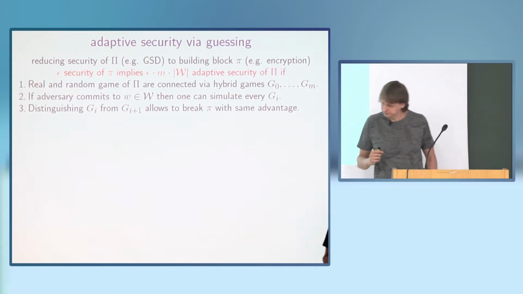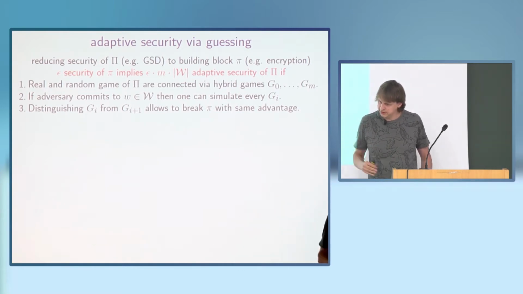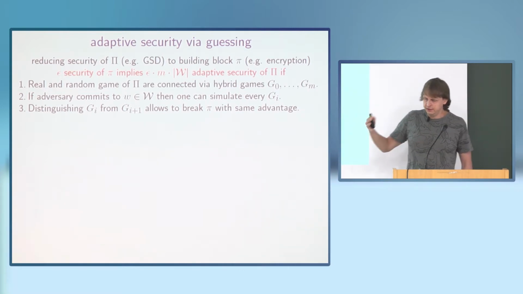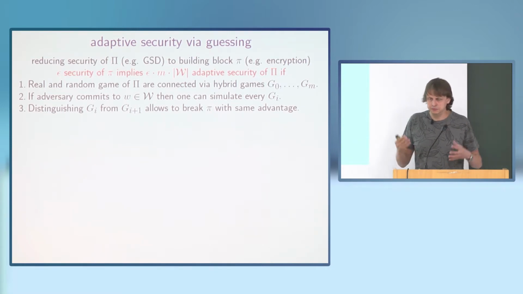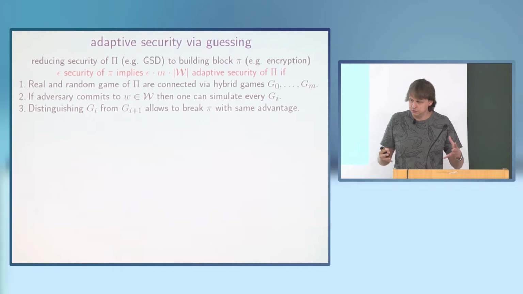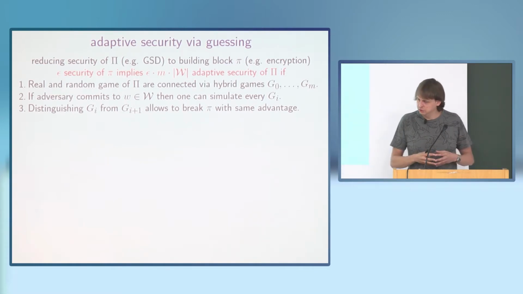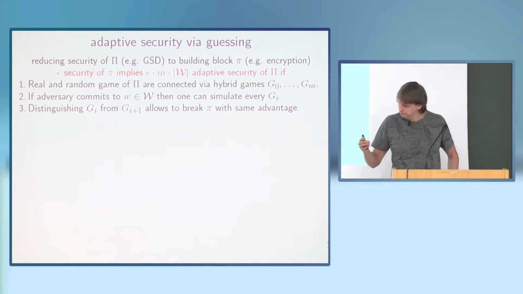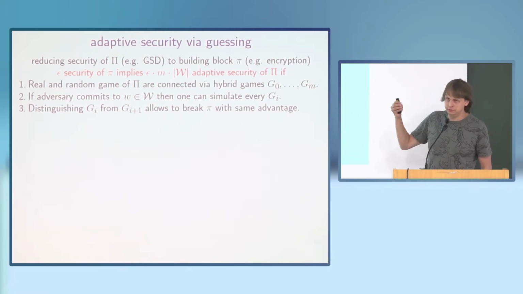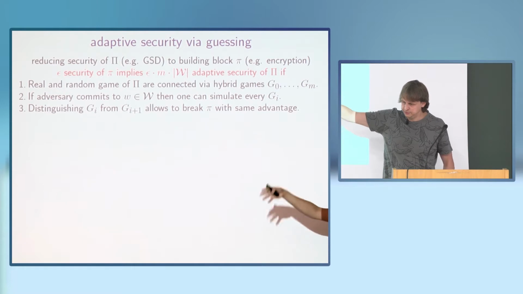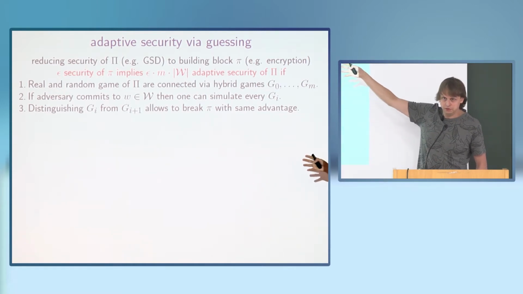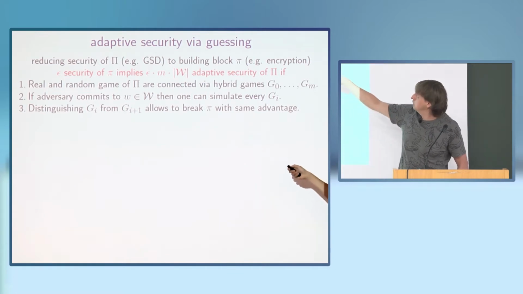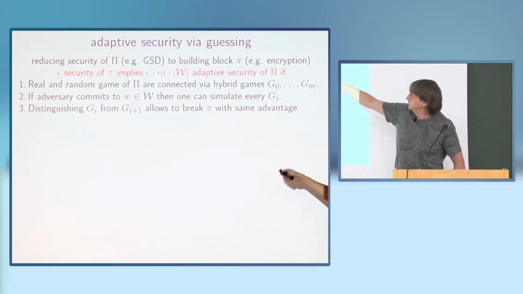So this is just what I said. It's just a slightly more general statement. Whenever we have some indistinguishability-based primitive capital pi, like generalized selective decryption, and we want to reduce it to the security of a building block like the symmetric encryption scheme, then epsilon security of the building block will imply epsilon times m times size of W adaptive security of the more interesting primitive, so much worse, whenever those things are true, right?